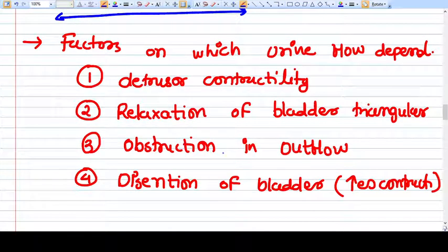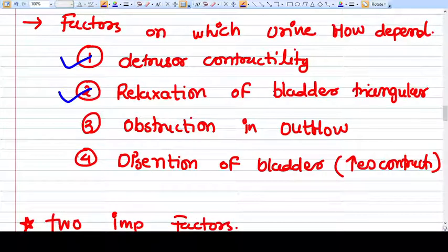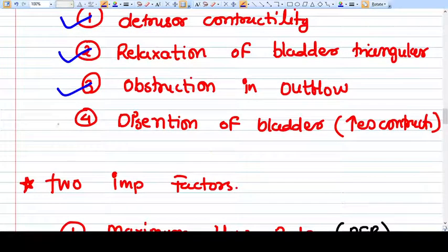Now, peak urine flow actually depends on what factors? Peak urine flow is dependent on detrusor muscle contractility, obviously, relaxation of the bladder trigone, obstruction in outflow, and distension of the bladder, that is distension with urine.